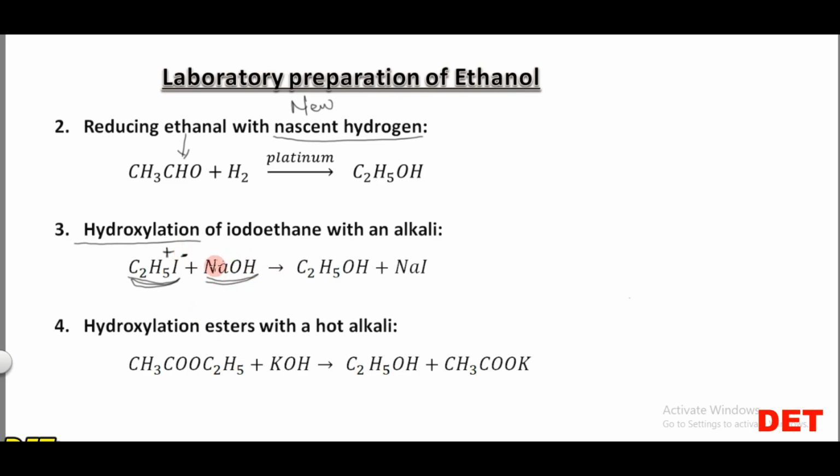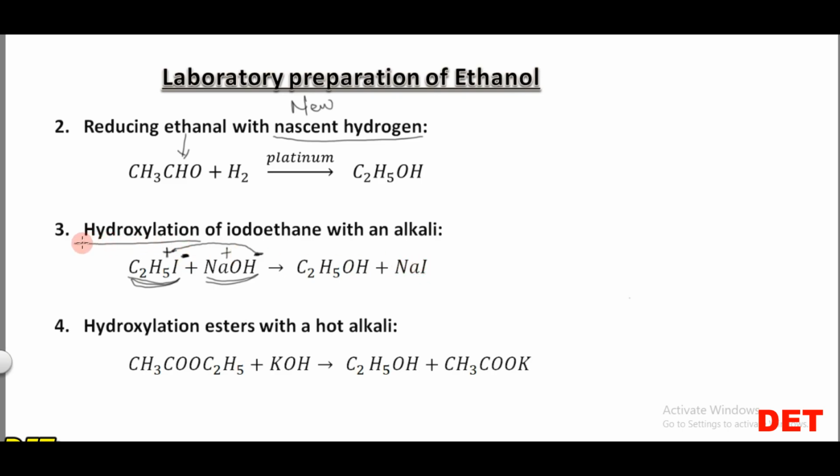Alright? Then when this sodium hydroxide ionizes, it will ionize to form a positive sodium ion and a negative hydroxyl ion. So this negative hydroxyl ion will come and bond with this positive ethyl ion to form ethanol, and this sodium ion will come and bond with this negative iodide ion to form sodium iodide.